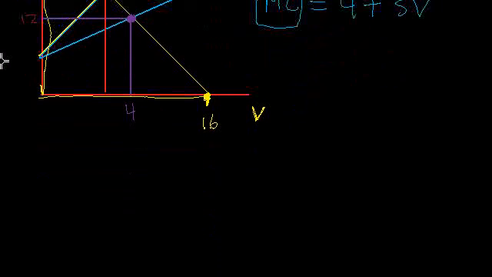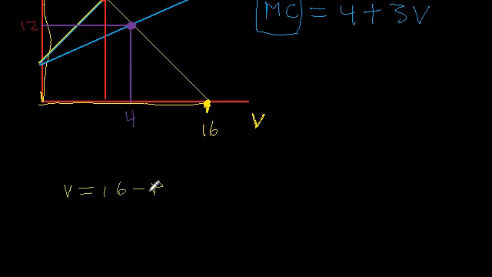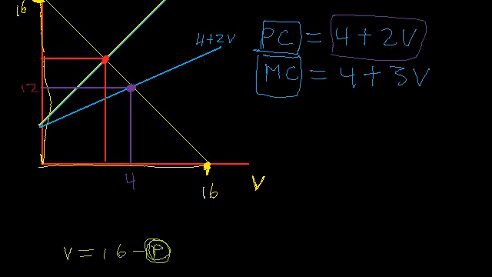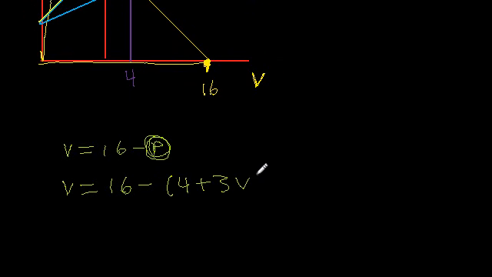And again, we're going to use the same technique that we did before, where we have our demand curve V is equal to 16 minus P, and instead of using the private cost to substitute into this P right here, we're going to use the marginal cost, because that's what this curve here represents. So we're going to use 4 plus 3V. So we're going to say the demand curve equals 16 minus, and then the price, which is 4 plus 3V.